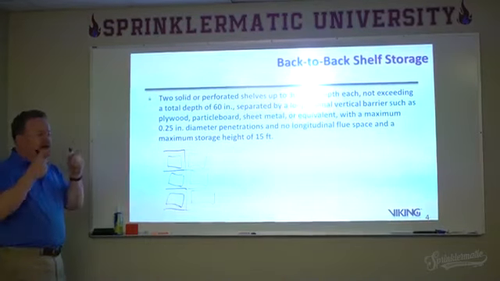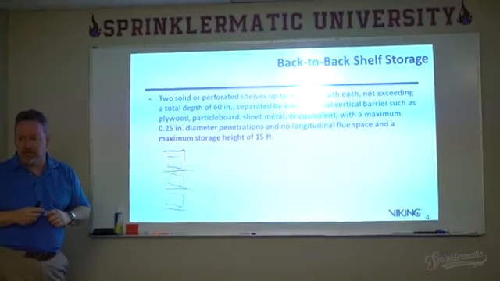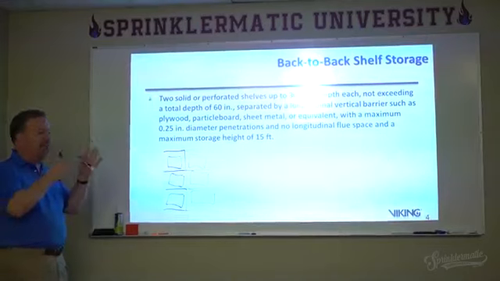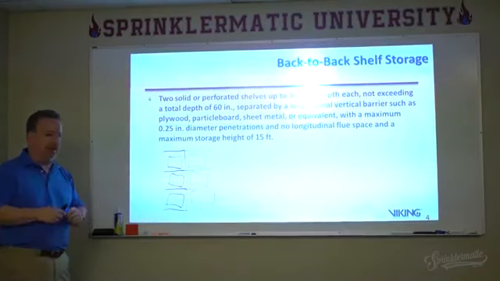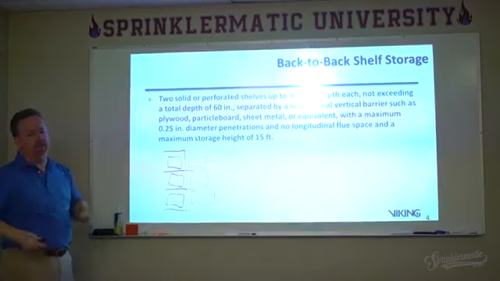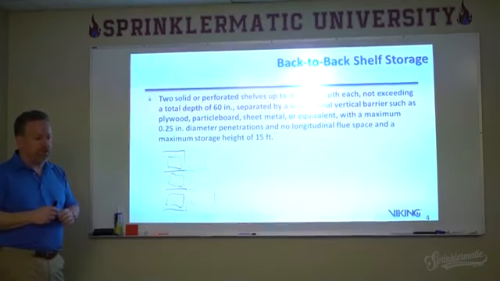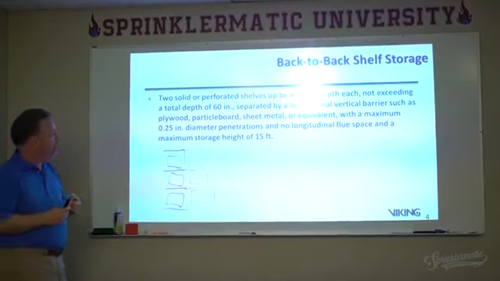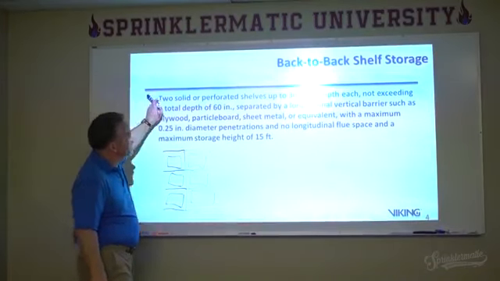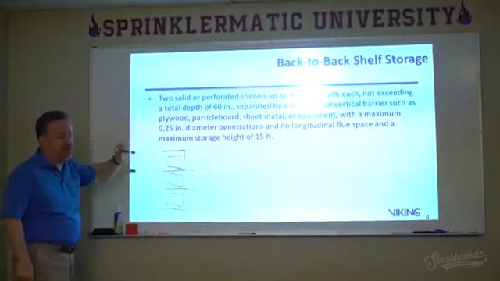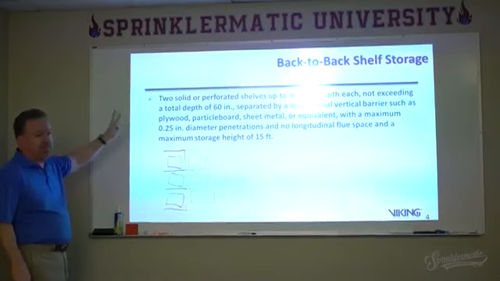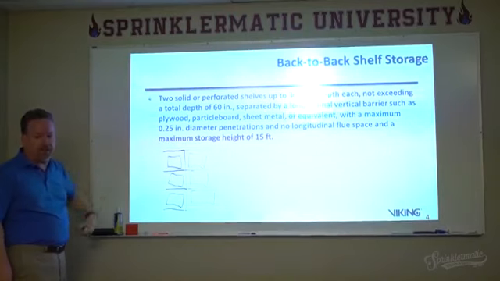All right? Think about grocery stores to begin with, okay? Classic examples of back-to-back shelf storage. Aisle 3 and aisle 4 are the opposite sides of back-to-back shelf storage. All right? Two solid or perforated shelves up to 30 inches in depth each. So what we basically have here are the limitations placed on back-to-back shelf storage.